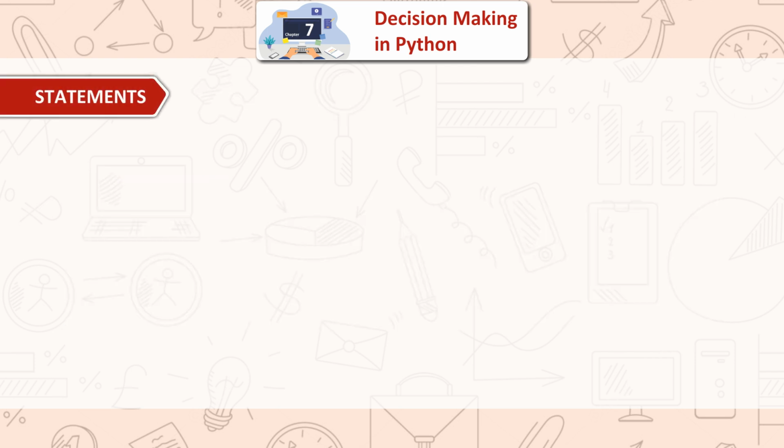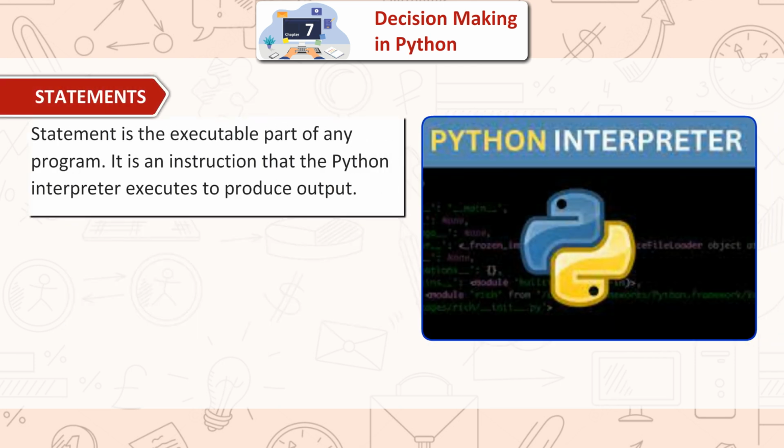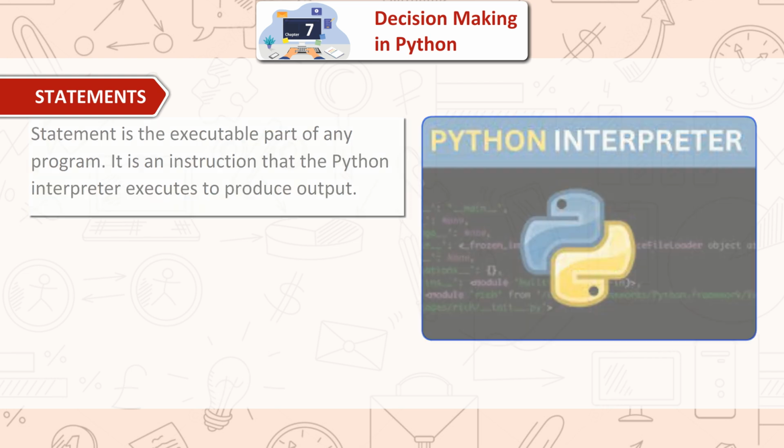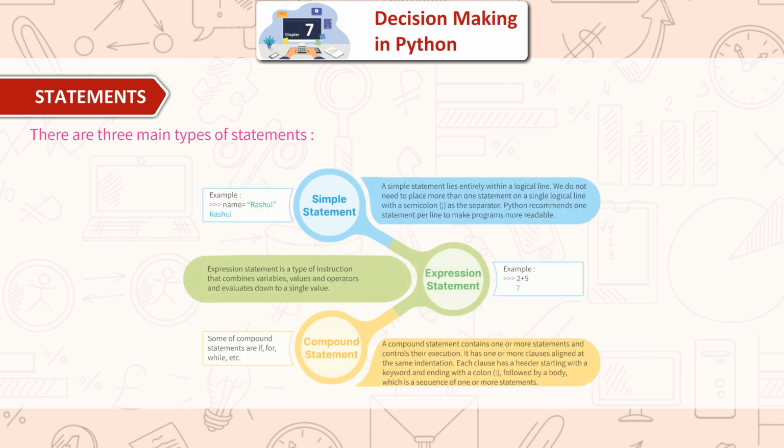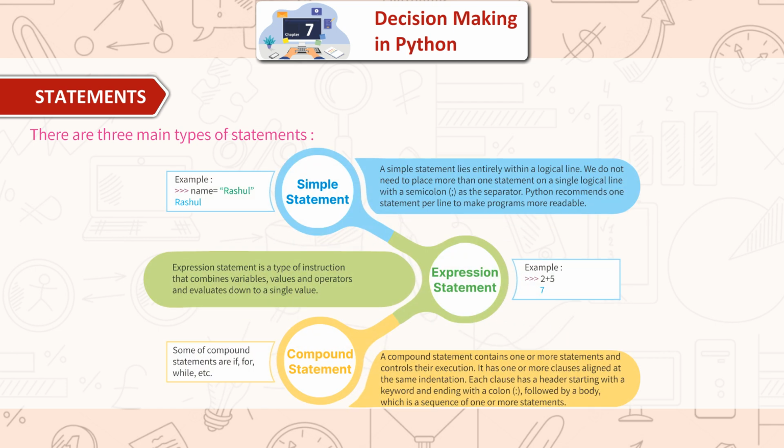Statements. Statement is the executable part of any program. It is an instruction that the Python interpreter executes to produce output. There are three main types of statements. Simple statement. A simple statement lies entirely within a logical line. We do not need to place more than one statement on a single logical line with a semicolon as the separator.